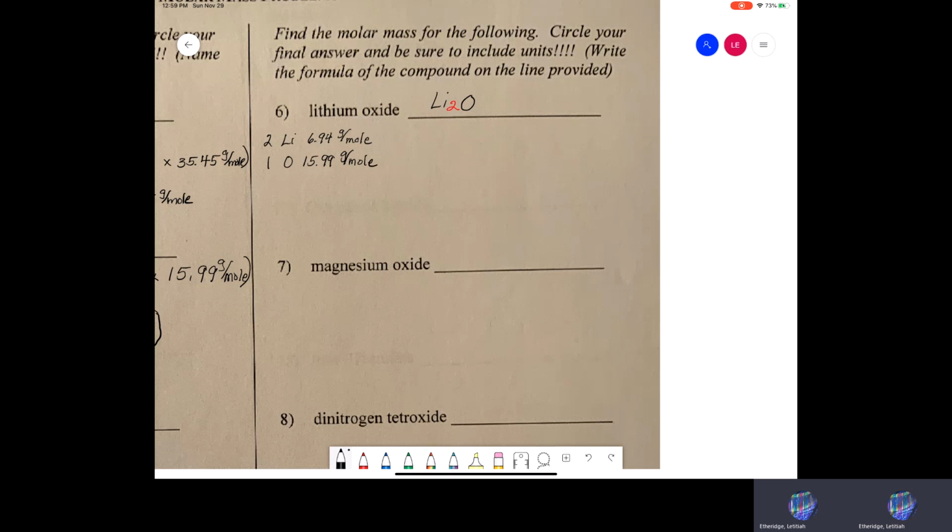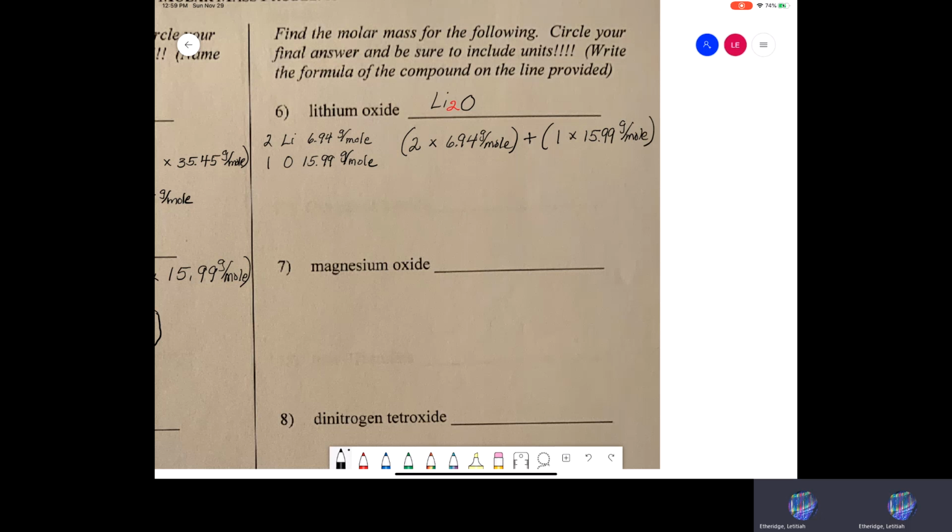So now it's just a matter of doing what we did for the last two problems. We have 2 lithiums, so we're going to multiply 2 times 6.94 grams per mole, which is the molar mass, and add that to our 1 oxygen with a molar mass of 15.99 grams per mole.